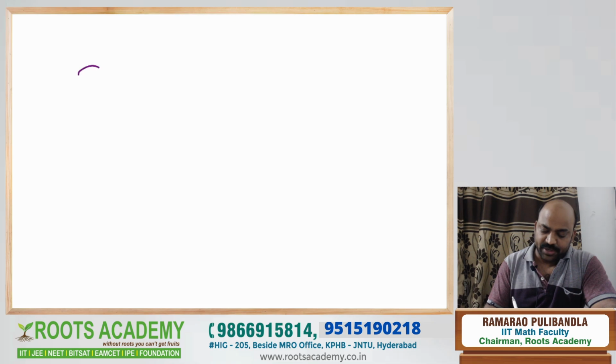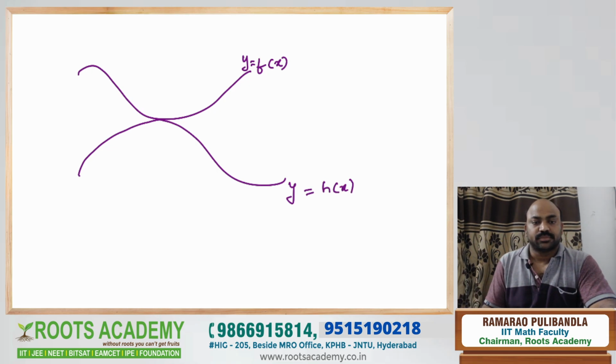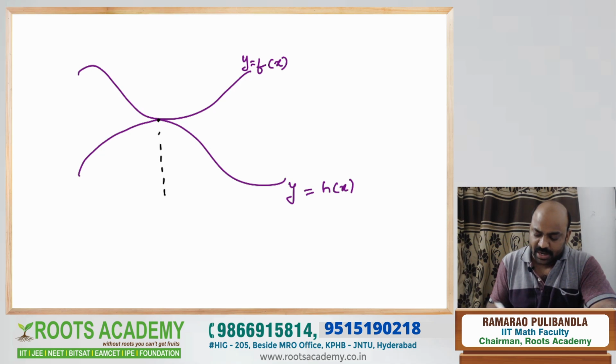Here is a function y equal to f of x. Here is another function y is equal to h of x. And both are meeting at one particular point called x equal to a.